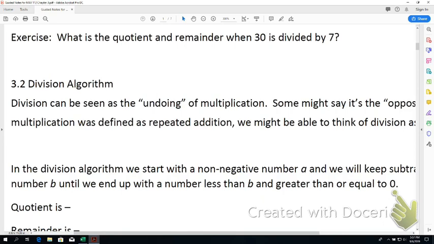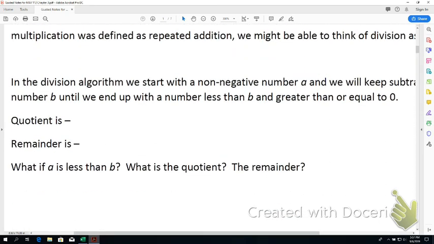Pretty much what that says, this part right here specifically, we're going to keep subtracting until we get a number less than b and greater than or equal to 0. Which means if I subtract b again, I'm going to get a negative value, and I don't want that as my remainder. So you can take a moment here, and how would you classify the quotient and remainder?